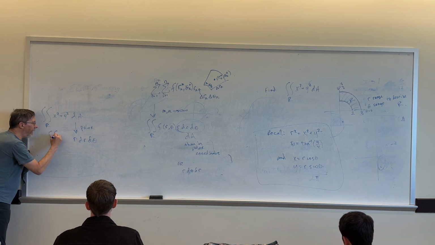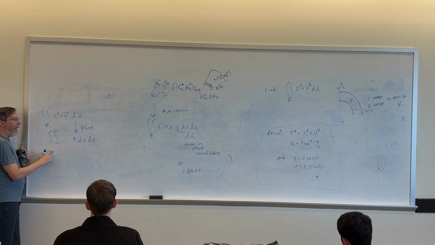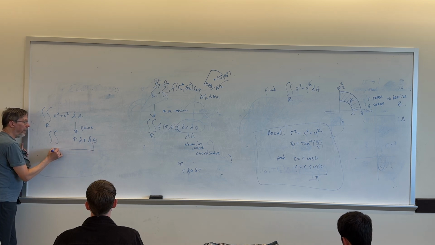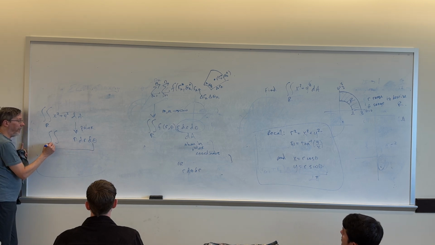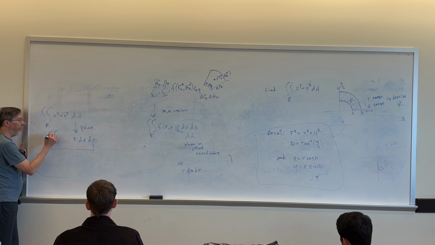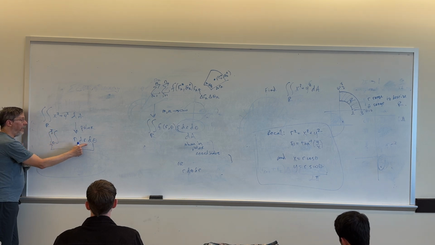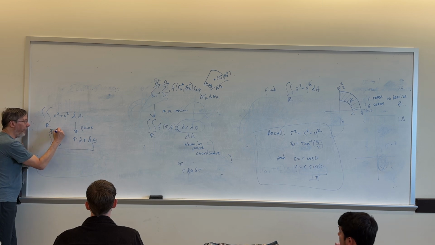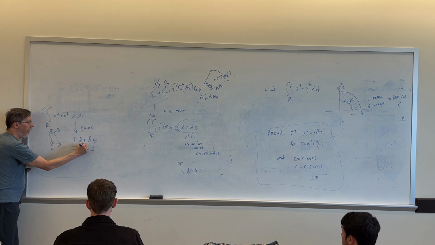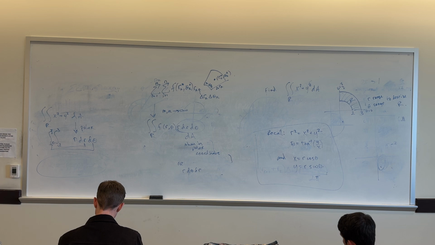And then out here, I'm going to have this theta correspond to the outside integral. And since theta swept from 0 to pi over 2, that's going to be my range there. And then my limits for r are just 2 to 3. That's the way those sync up.